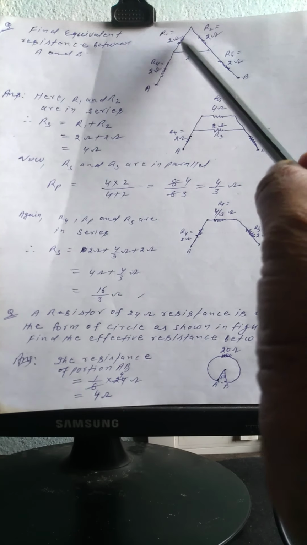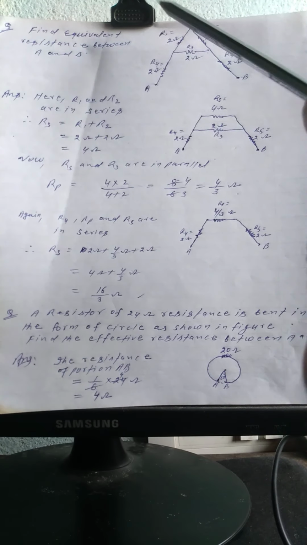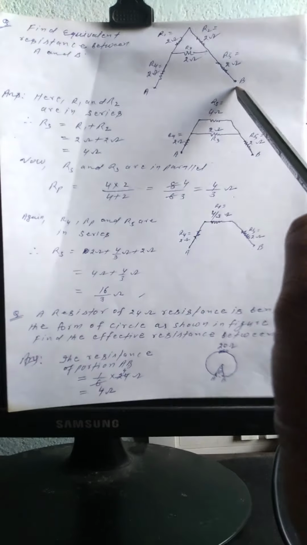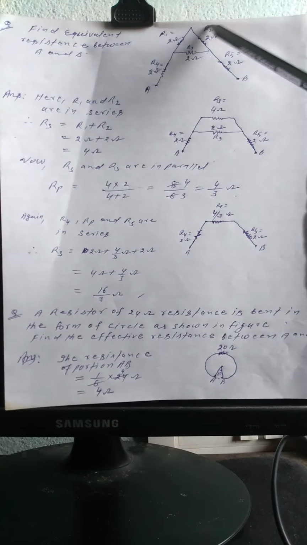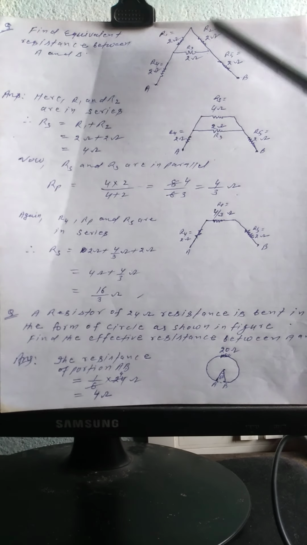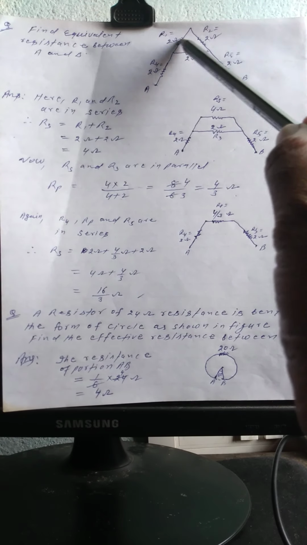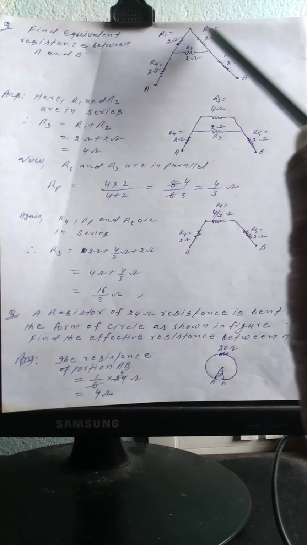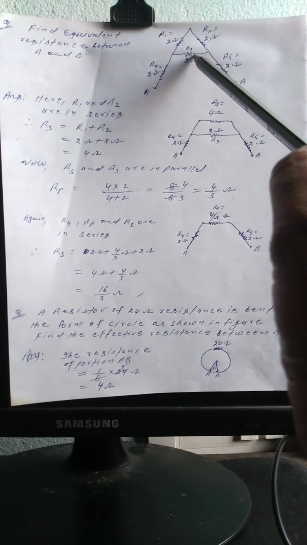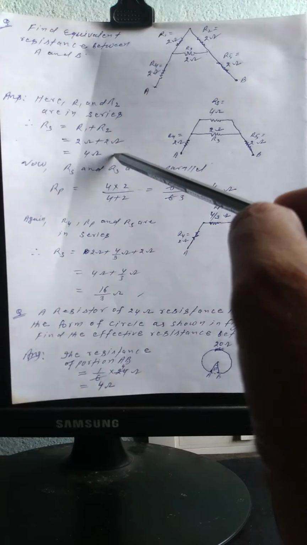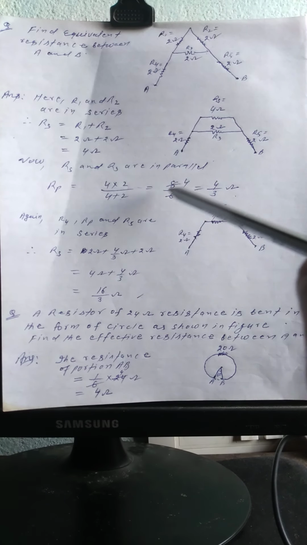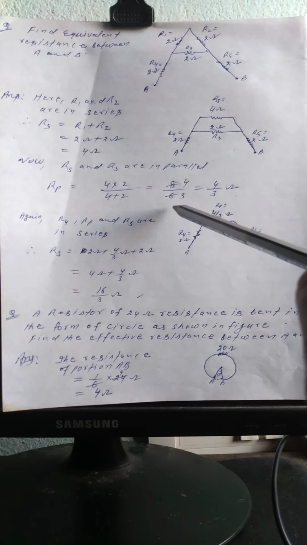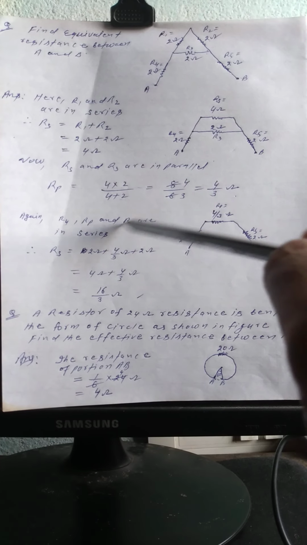Now again one question. Here we have to calculate the equivalent resistance about AB. Each part contains 2 ohm, 2 ohm, 2 ohm, 2 ohm and 2 ohm. So R1 and R2 are in series, and these R1 and R2 will be parallel with R3. So now Rs is equal to 4 ohm, and again Rp is equal to 4 into 2 by 4 plus 2, that is 8 by 6, equal to 4 by 3 ohm.